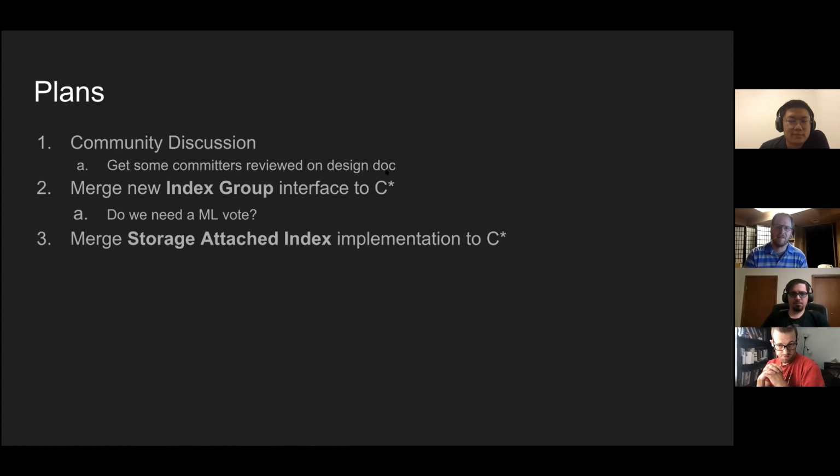Without change on disk, you mean you could just update to use the new API and have a more efficient implementation, rather than having to do a migration to SASE's on-disk formats or any of that sort of thing? Well, I think if you were to try to take SASE and leverage the index group stuff, you would essentially end up with SAI, more or less.